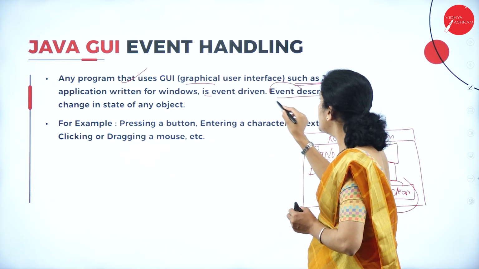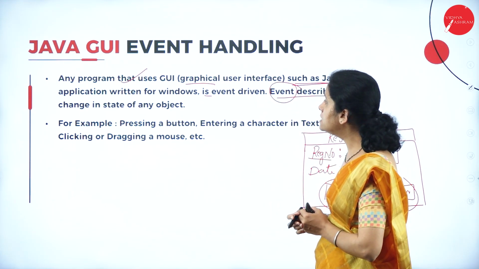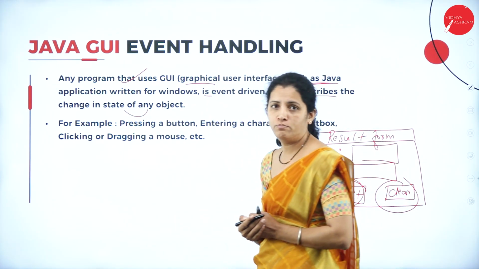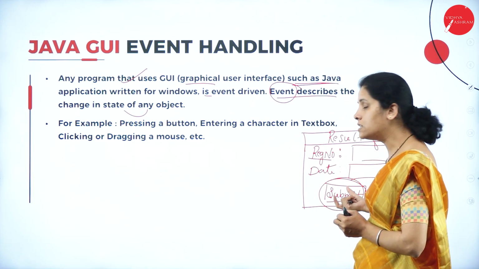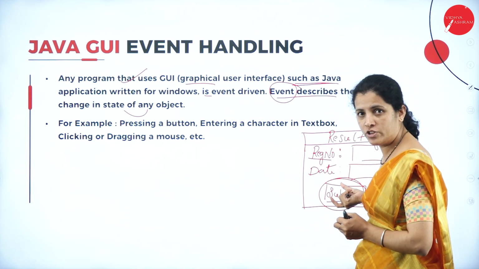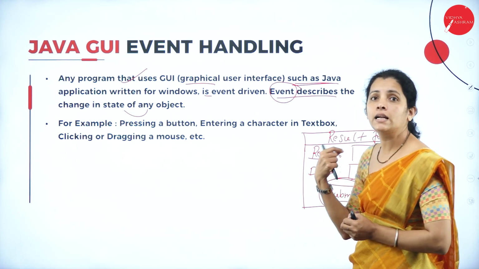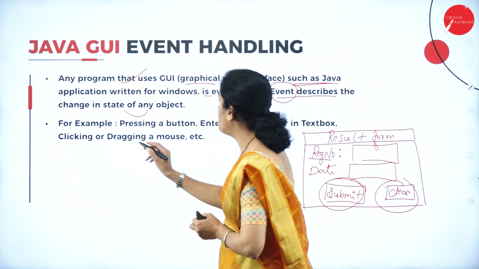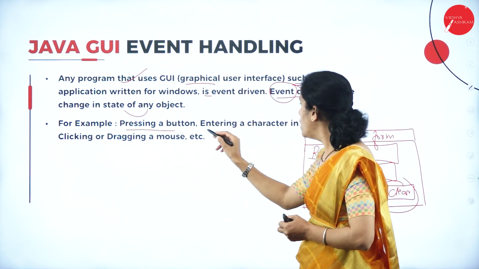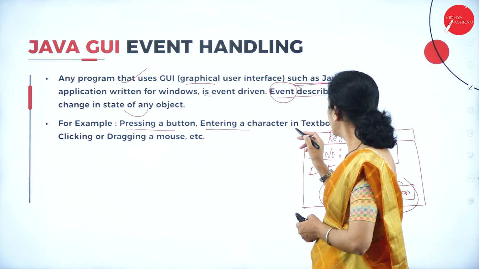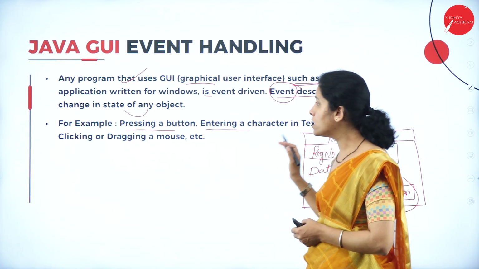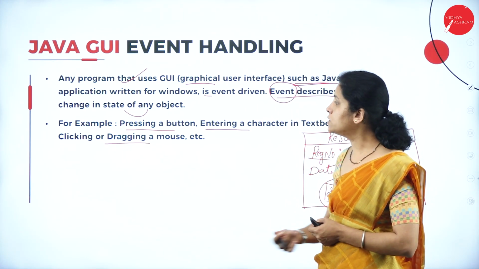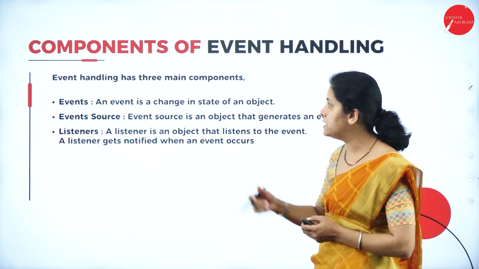So here, event is nothing but it is a change in state of any object. See here, if I consider submit as one object, then when I click submit, it's going to change its state. For example, pressing a button, entering a character in the text box, or clicking or dragging a mouse, etc. So these are some kind of events.